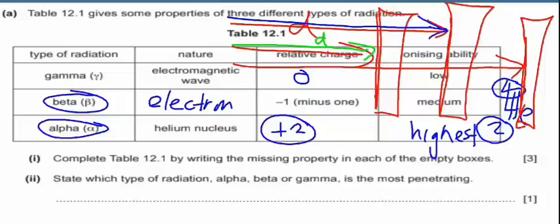So beta can be stopped by a sheet of aluminium. Then the last one, which I'm going to draw in a black color, is going to represent the penetration of the gamma rays. So gamma rays can be stopped by a sheet of lead. In short, gamma rays have the highest penetration, they are most penetrating. So we can just say gamma.